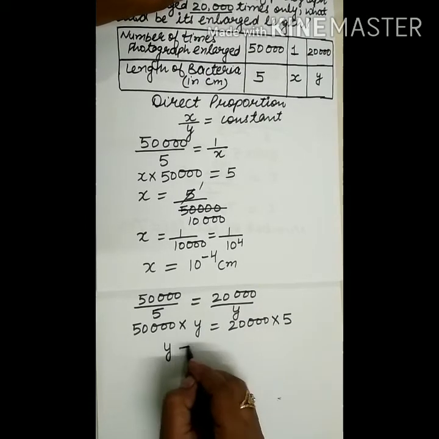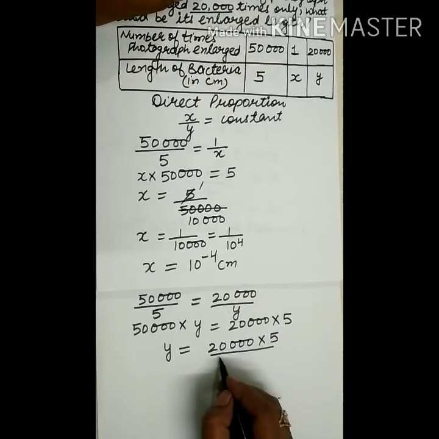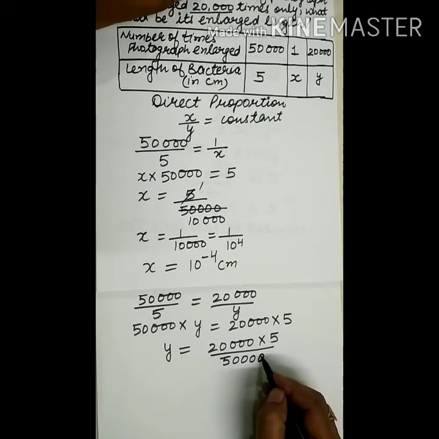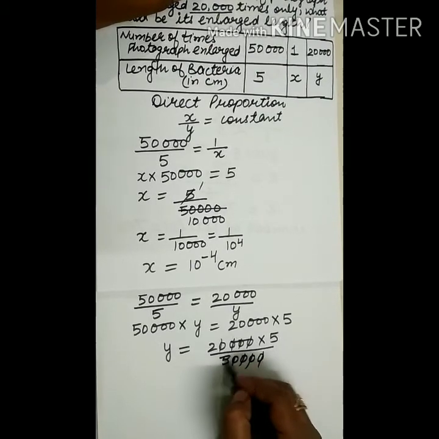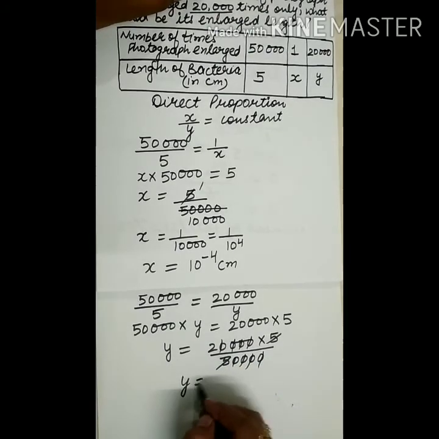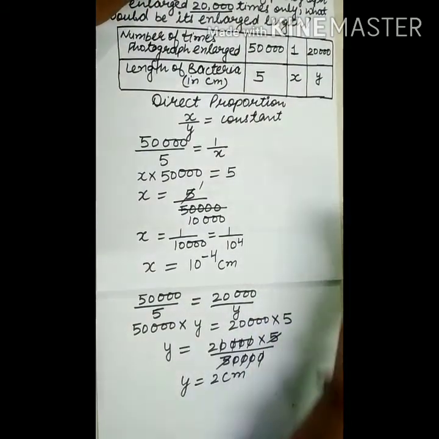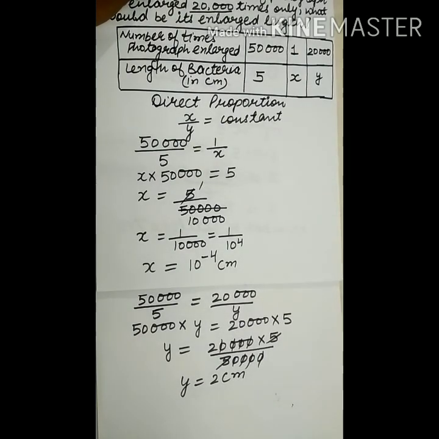So y must be equal to 20,000 multiplied by 5 divided by 50,000. So do the simplification. Zeros will cancel each other. 5 and 5 cancel. So y is equal to 2 centimeter. It means if we are enlarging the photograph 20,000 times, then the length of bacteria will be 2 centimeter.